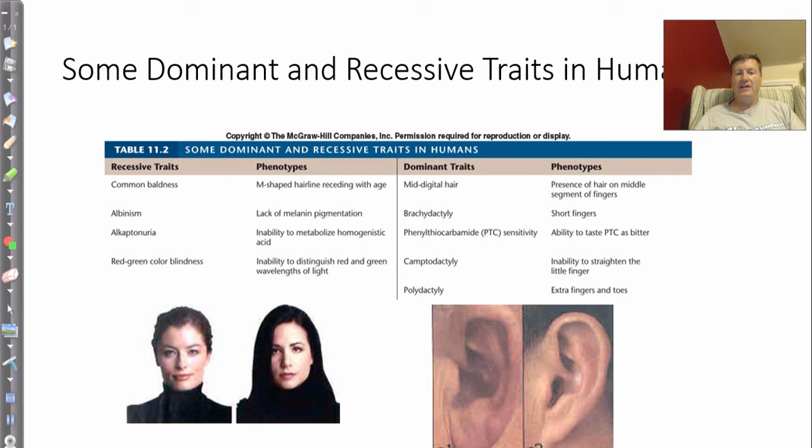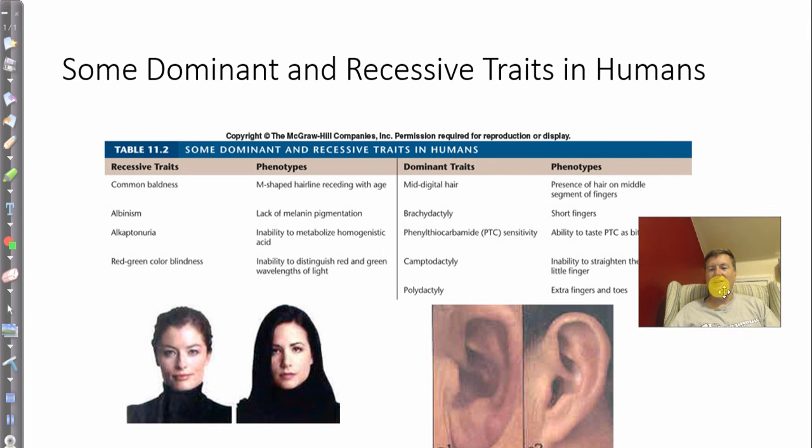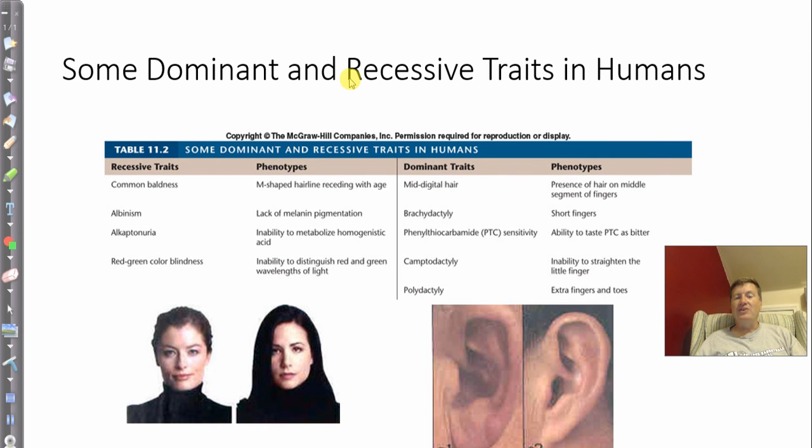Okay, and the fourth idea, oh, I forgot I had this slide too. There are dominant and recessive traits in humans. If you inherit, for example, let's just focus on a couple of these, let's say that you have a form of albinism, albino. That is because that's a recessive trait.